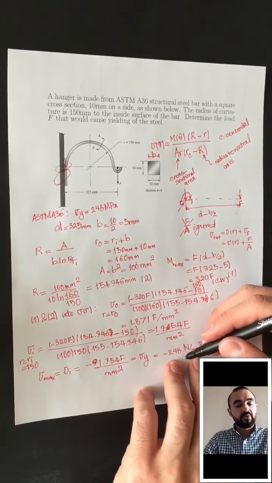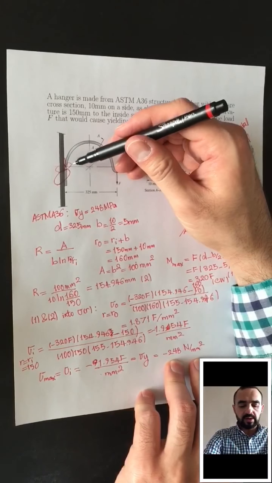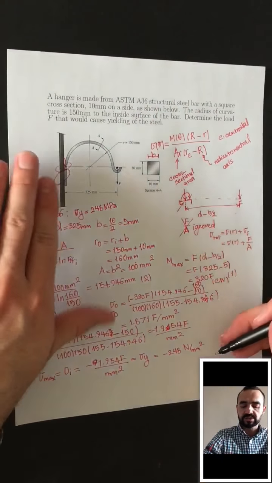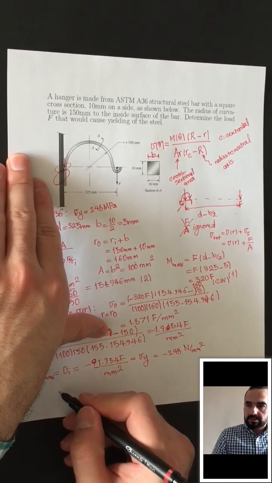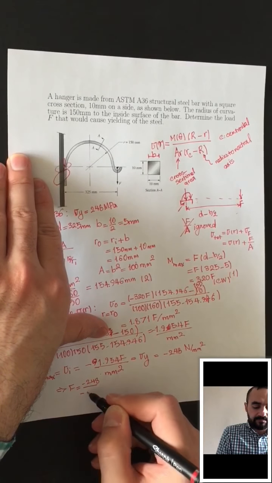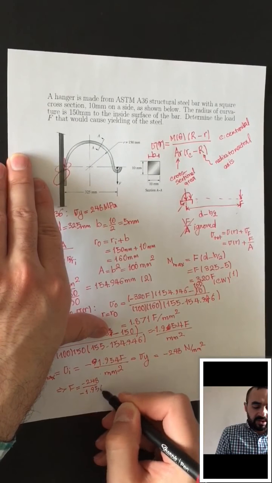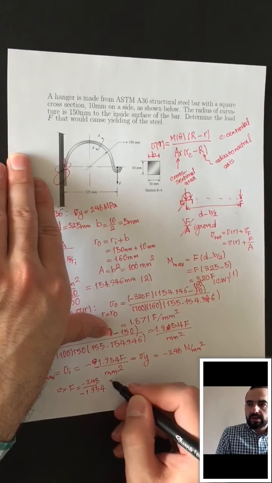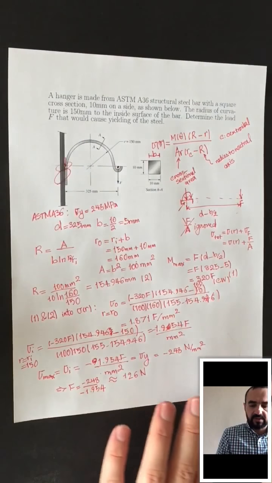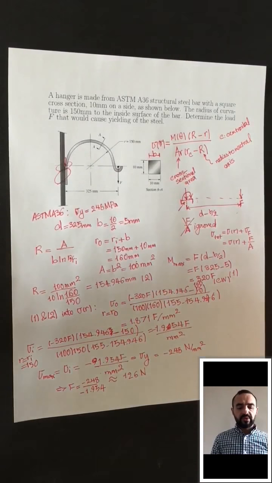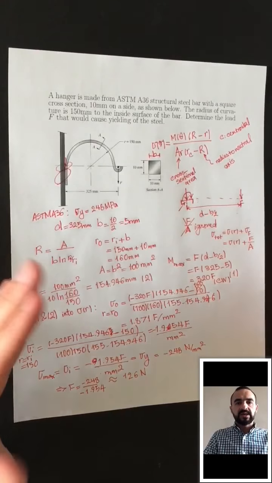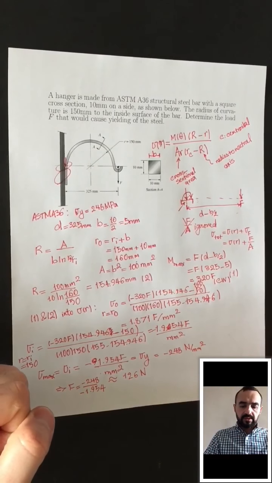Why is it minus 248? Because we are talking about the inner edge of this curved beam. It's under compression, so it's minus 248. This gives us F equal to minus 248 over minus 1.954, and it should give you something like 126 Newton. So if you apply 126 Newton, this will cause yielding in the inner edge of this curved beam.